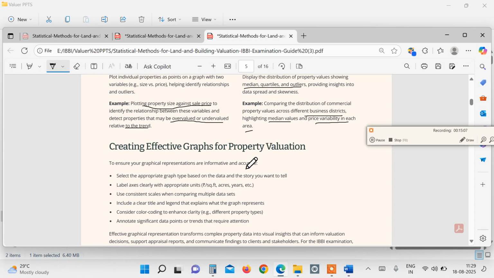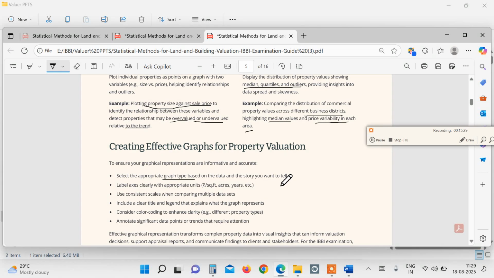It is very important to create effective graphs for property valuation. To ensure graphical representations are informative and accurate, select the appropriate graph type based upon the data and the story you want to tell.